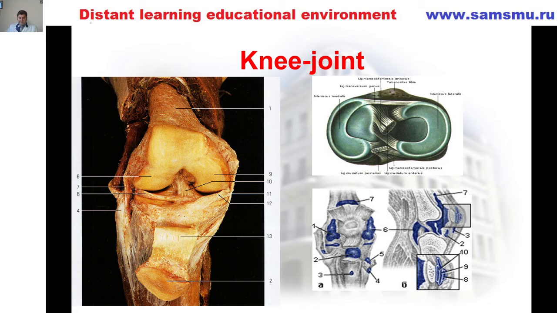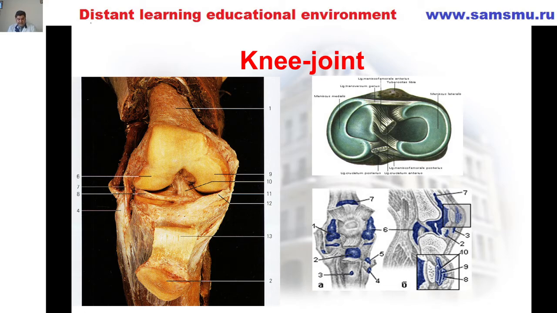Sometimes the suprapatellar bursa may not communicate with the knee joint and may be separated from it. On the tibia, the capsule is attached to the edges of the articular surfaces of the condyles. On the patella, it's attached to the edges of the cartilaginous surface and as a result seems to be inserted into a frame formed by the anterior part of the capsule.